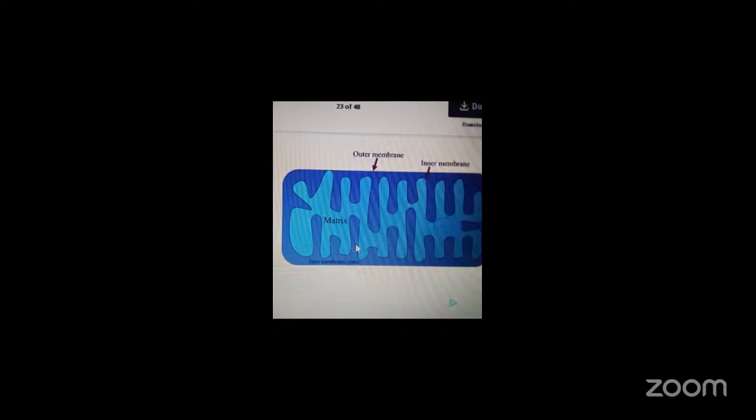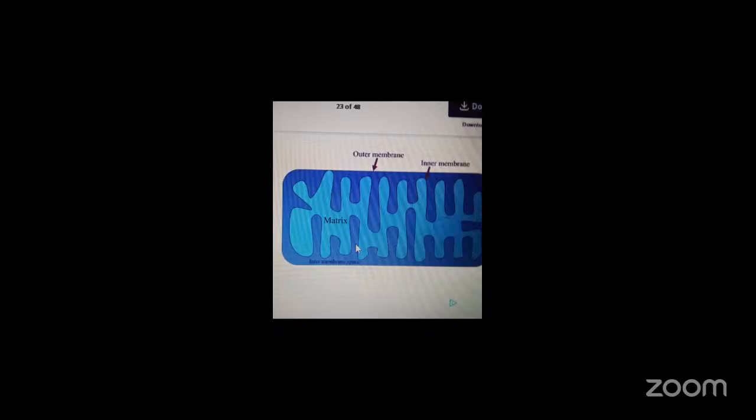Mitochondrial DNA is generally small in animal cells, and can be an order of magnitude larger in plant mitochondria.